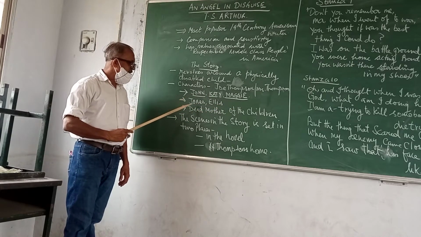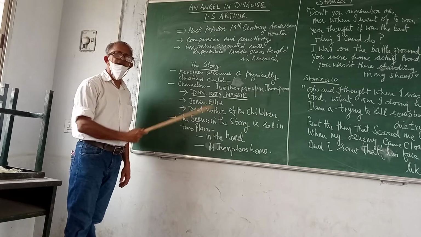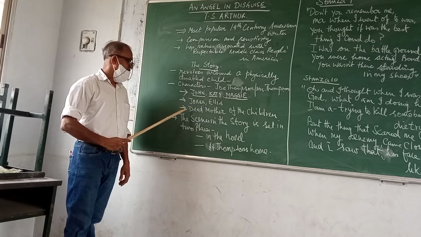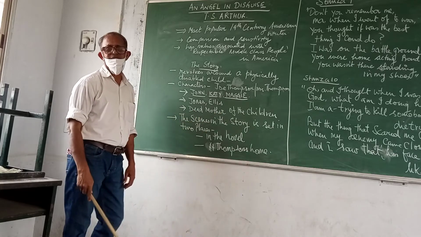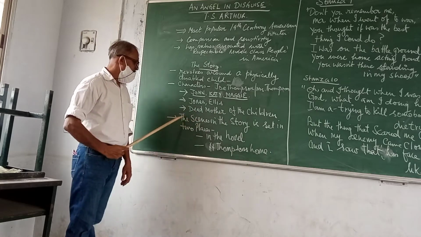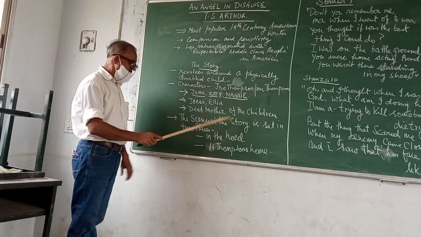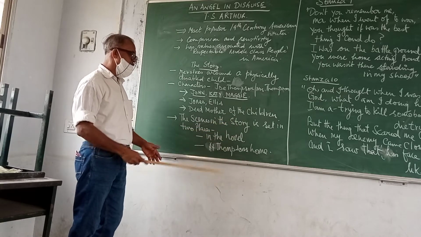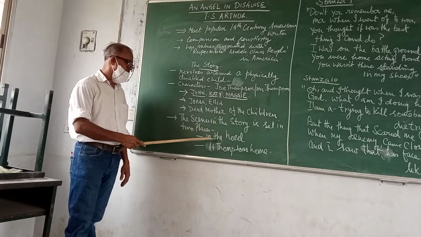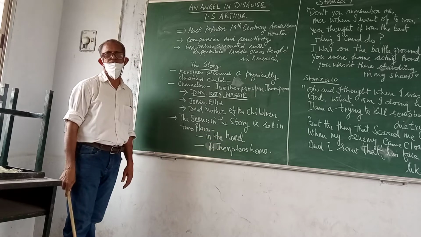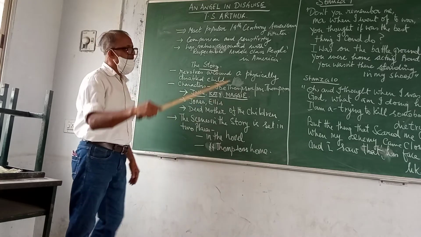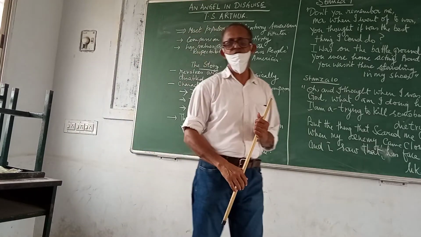Then we have another two adult characters, Jones and Ellis. Then a reference has been made to the dead mother of the children. And the scenes in this story are set in two places, one in the hovel and one at Thompson's home. Now in this small introduction, children, now let me come to the story.